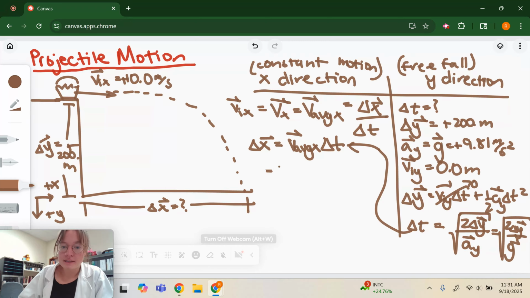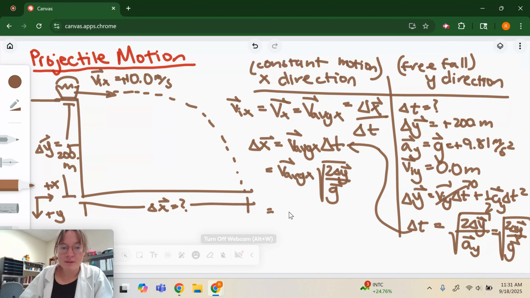So I write this as v average in the x direction times my delta t, which is the square root of 2 delta y all over g, like this. And now I'm good to plug in numbers.